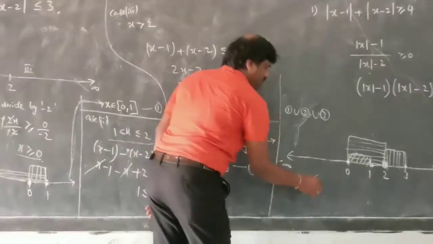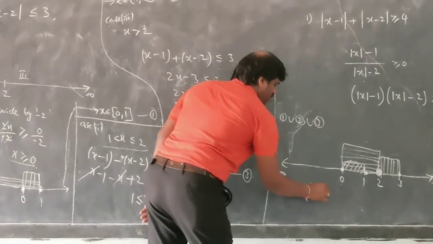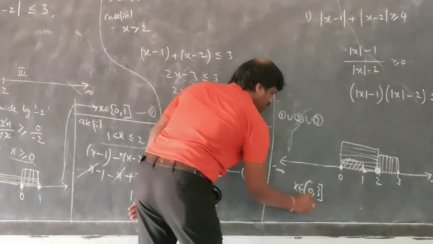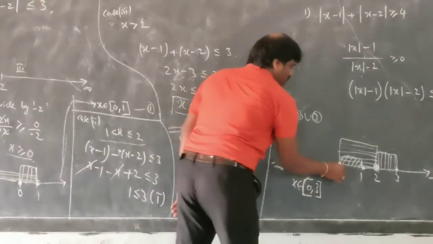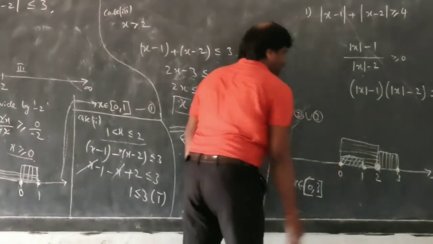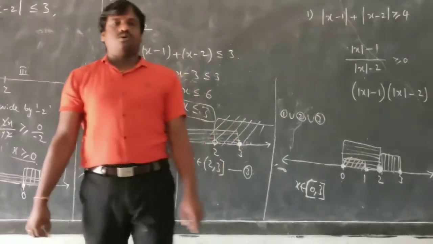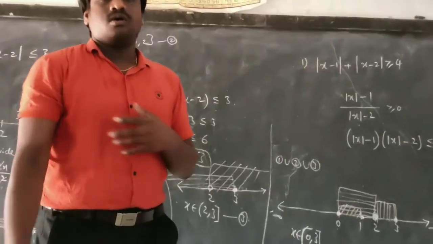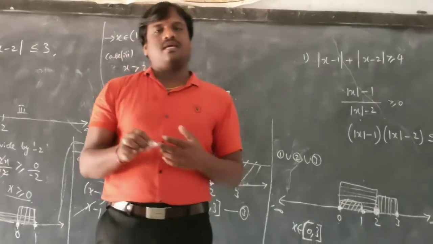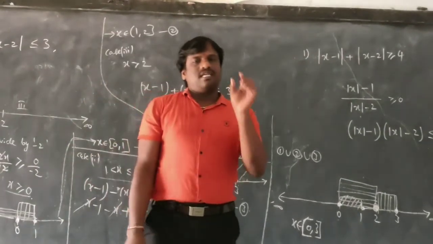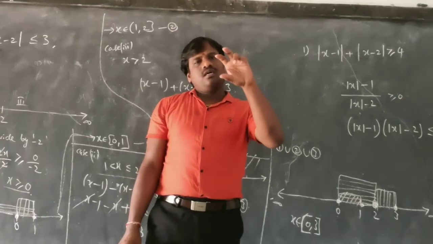All is shaded, and they are closed, because 0 is involved and 3 is also involved. So the answer is x belongs to [0, 3]. Hope you understand. If you do not understand, pause, reduce the speed and watch again.